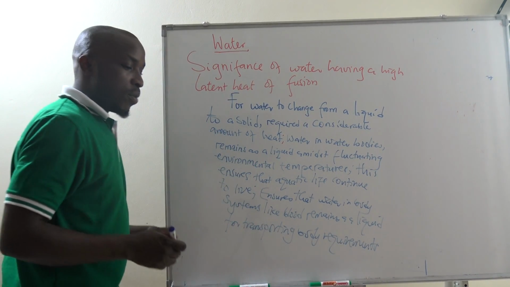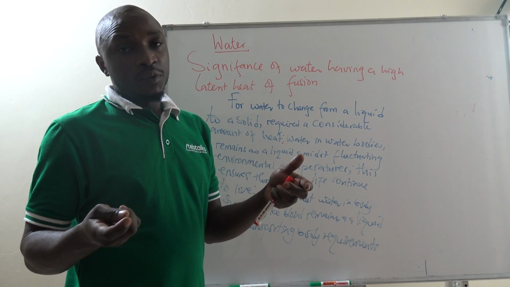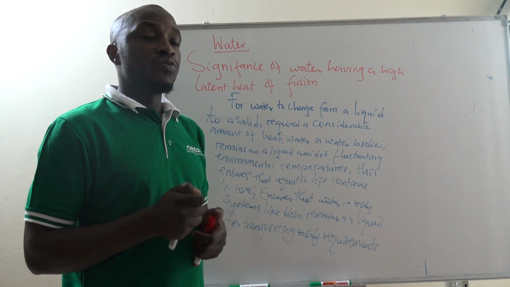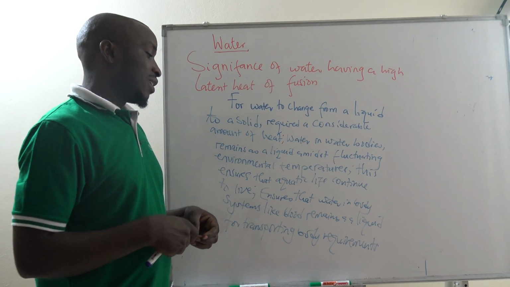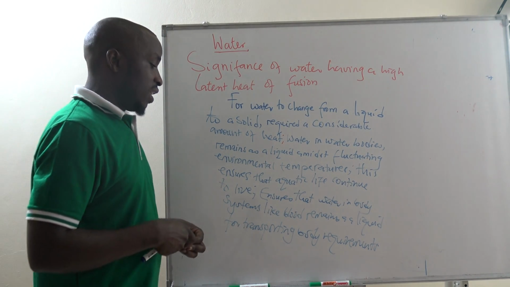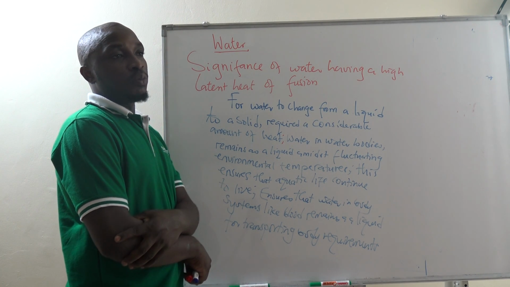So imagine if blood was freezing in us, it would mean nutrients can no longer be delivered to cells that need them, gases can no longer be delivered, even excretory products can no longer be taken where they are supposed to be removed.